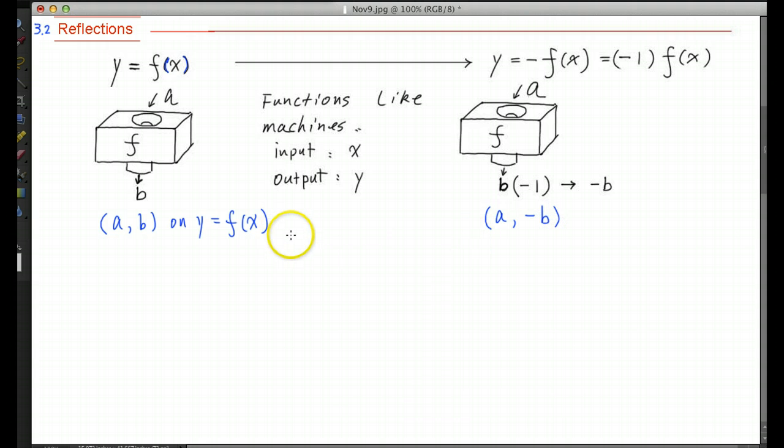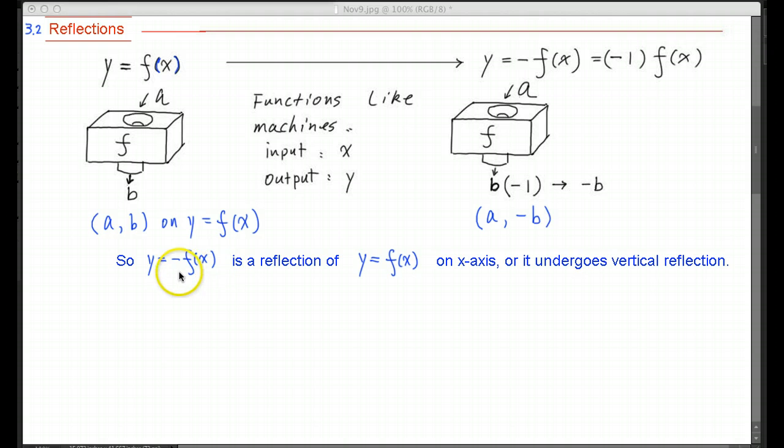So this is very clear. If you look at a point, its y-coordinate changes to the opposite number, and it undergoes a vertical reflection, which is a reflection about the x-axis. That's the conclusion, right?